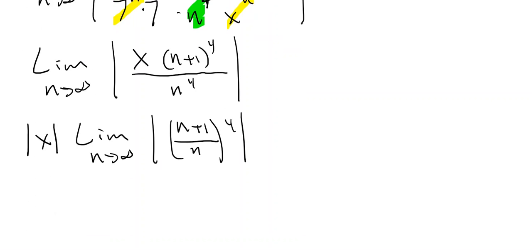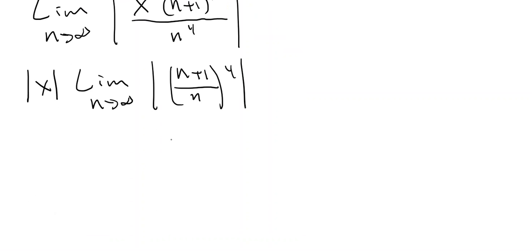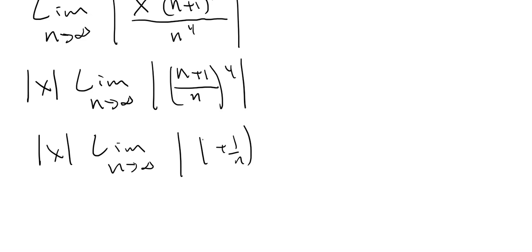All right, well, n plus 1 divided by n becomes 1 plus 1 over n raised to the 4th power. Well, as n becomes infinitely large, this 1 over n quantity just becomes 0. So we're left with 1 plus 0, or 1 to the 4th power, which is 1.